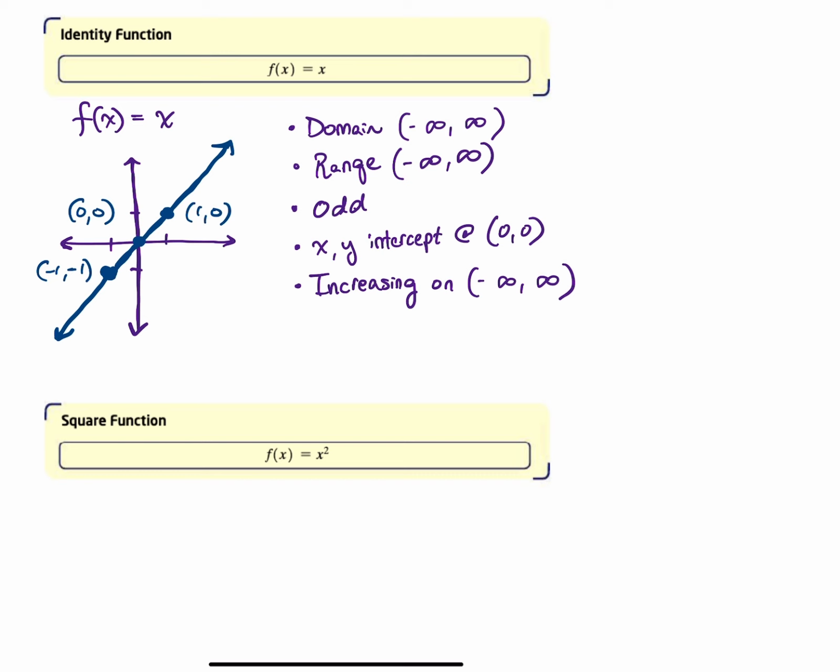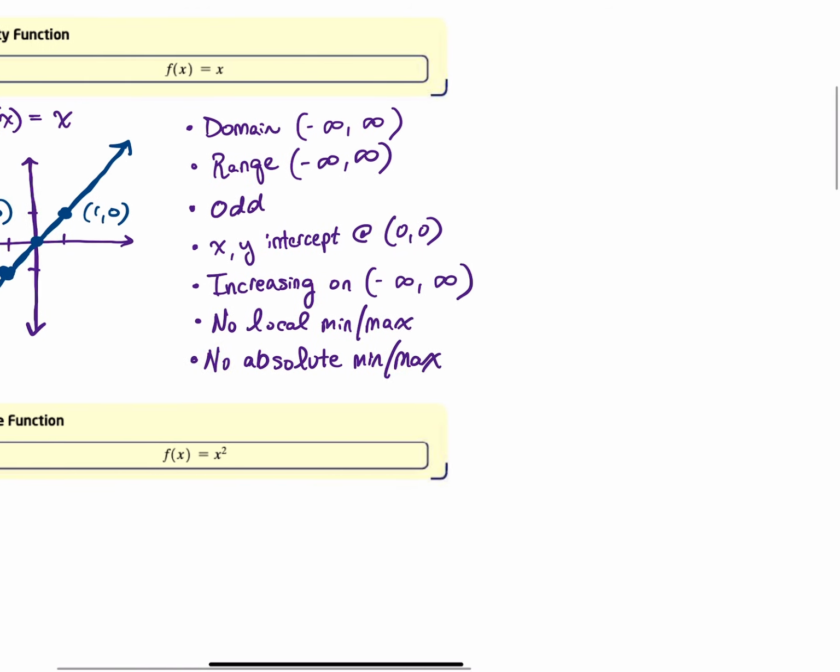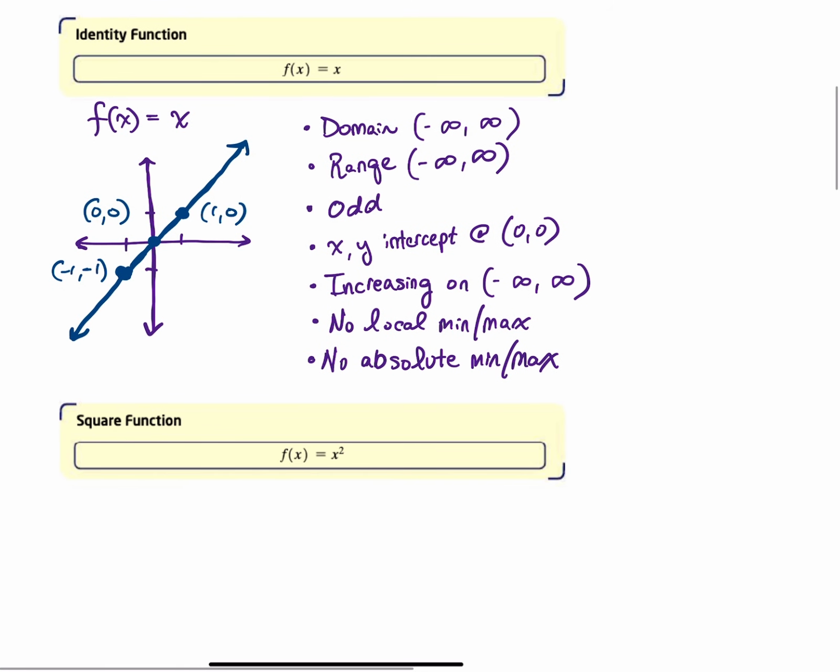And we can't pick out any, so no local minima or maxima. Also no absolute minima or maxima. Any point that we choose, there will always be a point higher and lower than it. So we can't state any minimum or maximum.